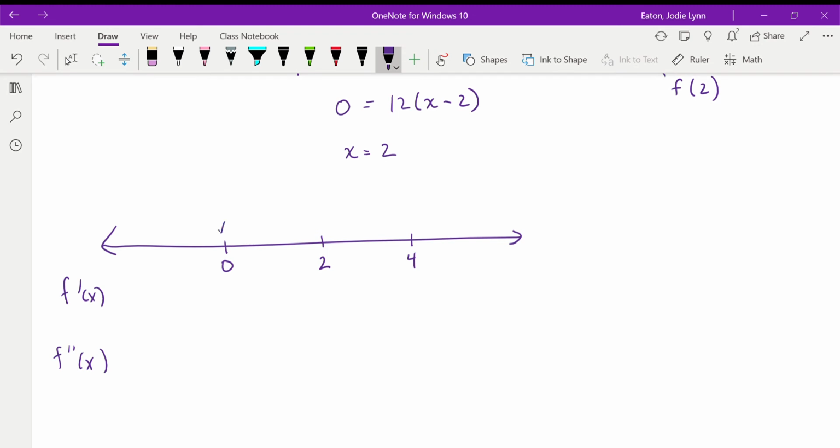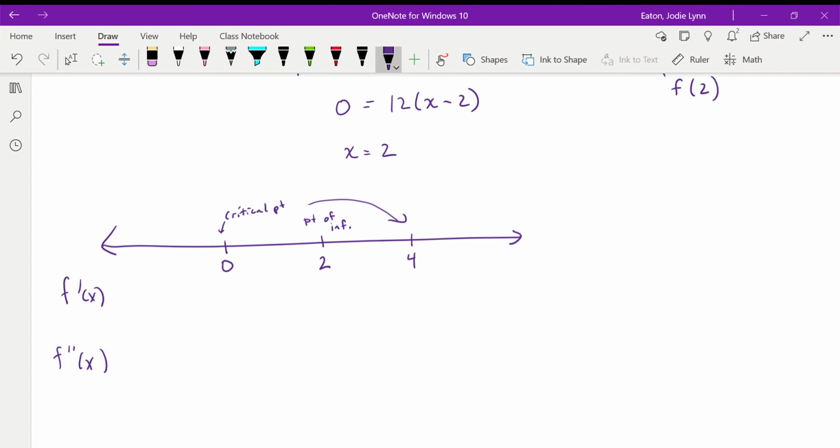So this is a critical point here, and this is a point of inflection. And generally you want to put any of those into your little chart. And then we're going to look at where each of these is positive and negative. And you can pick a test point to figure out whether it's going to be positive or negative there.